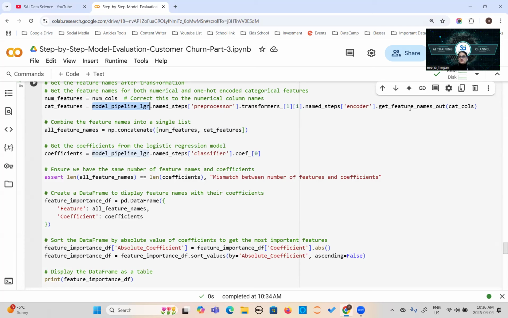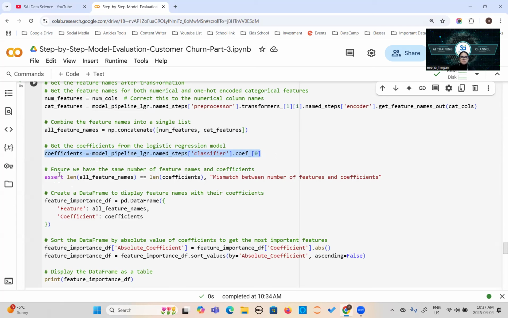We are taking the get features name out for the categorical column. All features name, we will concat them into one list. Here is your coefficients, named underscore step classified coefficient 0. This is the code. You will get the coefficient values, the value of the weight assigned to each data point by your model when it was getting trained.